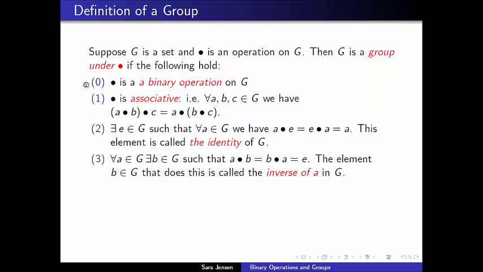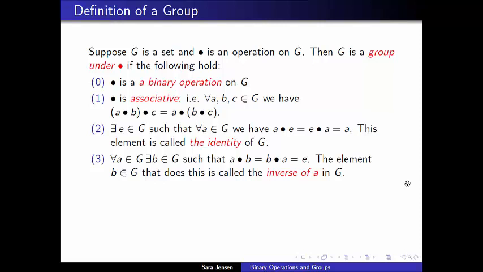Very frequently, this property that I have labeled as property 0 is put into the stem of the definition, where I was very careful in the stem of my definition to say that dot was an operation on G. Some books will say suppose G is a set and dot is a binary operation on G. And if you put the word binary up in the stem of the definition, you don't need this one. And then they'll list off these 3 properties, 1, 2, 3, as the definition of a group.